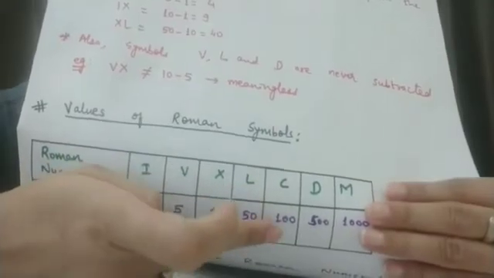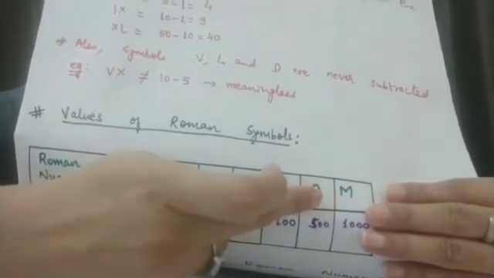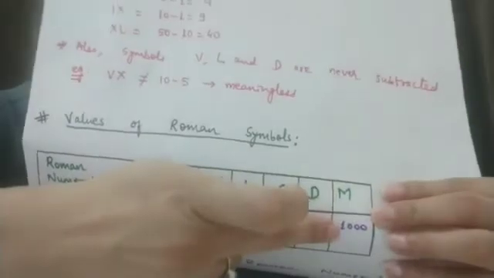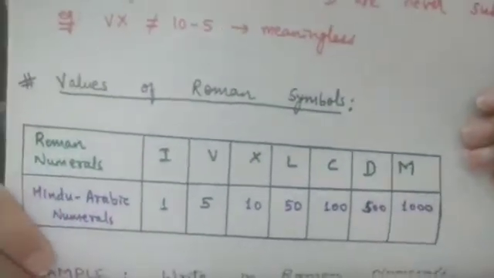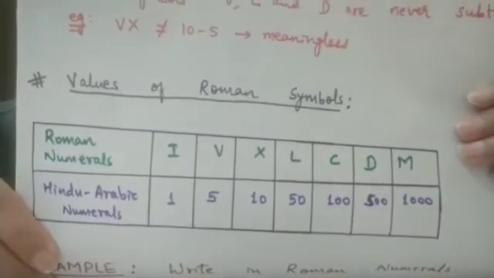Similarly, L represents 50. Okay. So after L, the next symbol is C. C represents 100, D represents 500, M represents 1000. So take a screenshot of this table. You have to make this table in your copy.